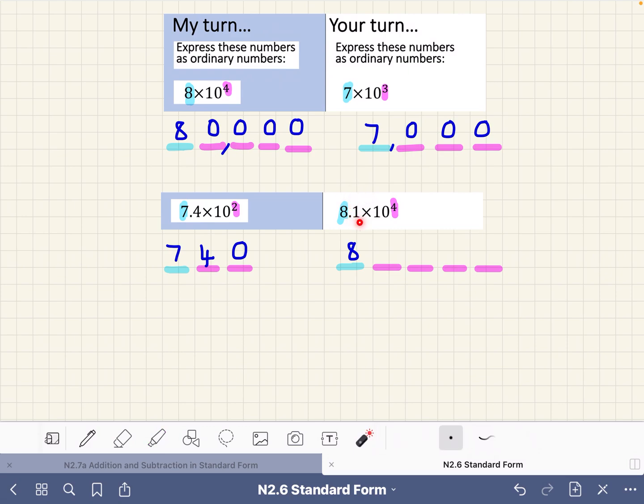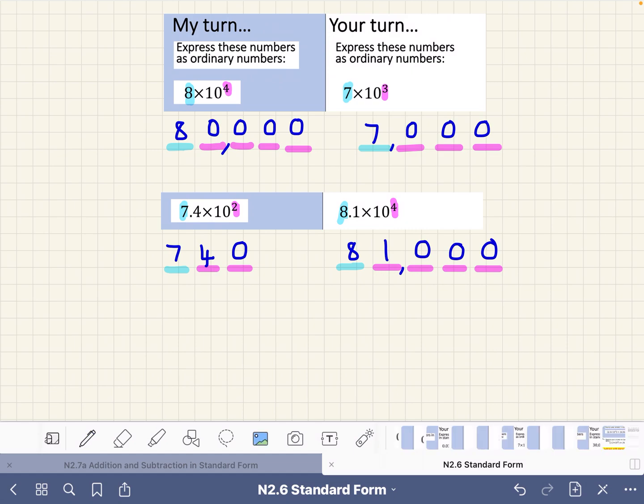We have 1 as the number we haven't yet included, which means 1 takes up one of those spaces. The remaining spaces are filled with zeros. 1, 2, 3. This means that 8.1 times 10 to the 4 is the same as 81,000.